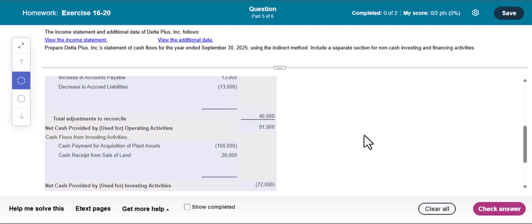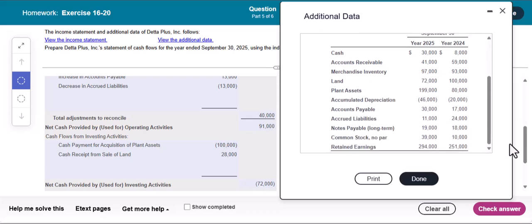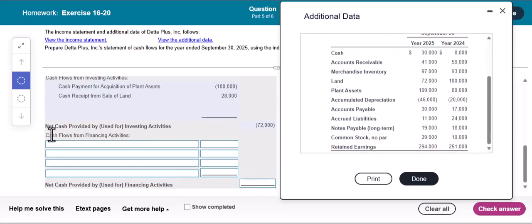Okay. So for the conclusion of our investing activities, we have a cash outflow. In other words, negative. We're using cash to invest mostly in what looks like acquiring the plant assets. So then we are not done yet. Let's scroll down. So then next we have cash flows from financing activities.